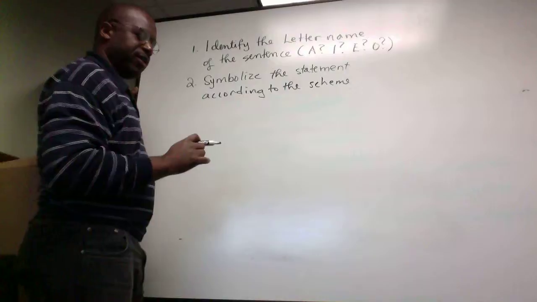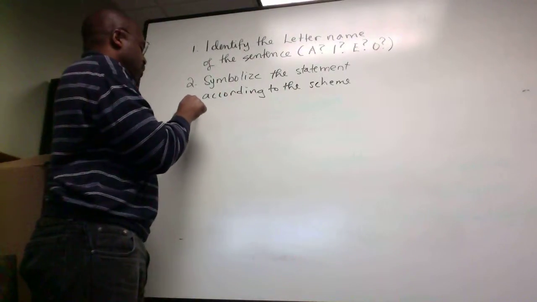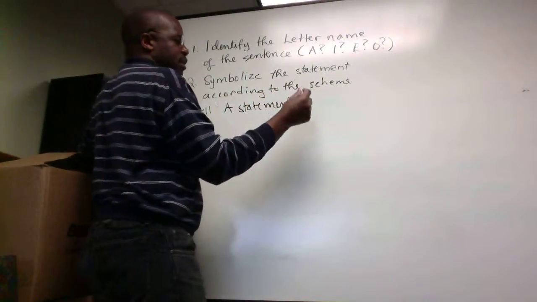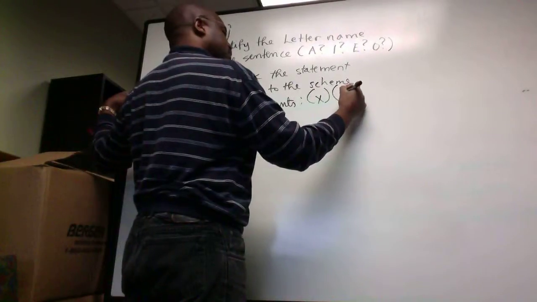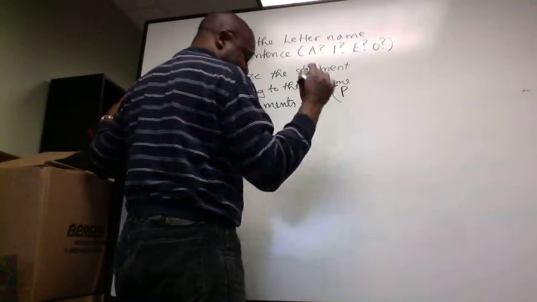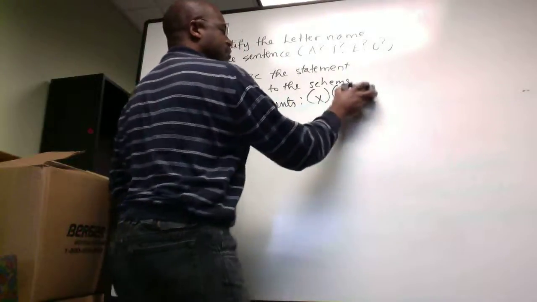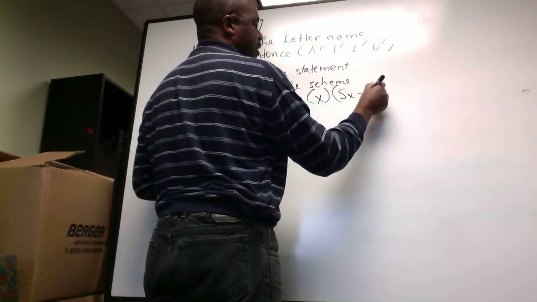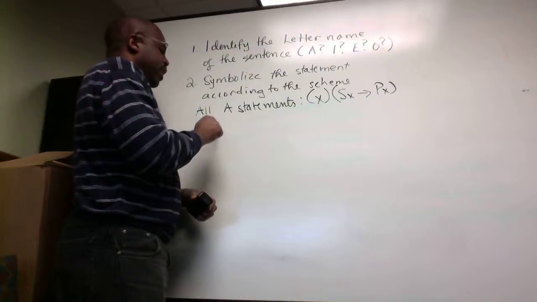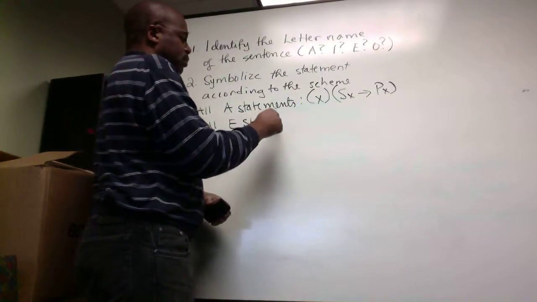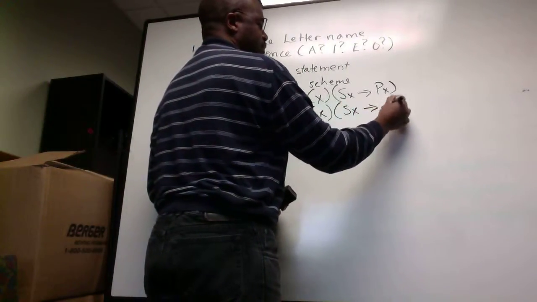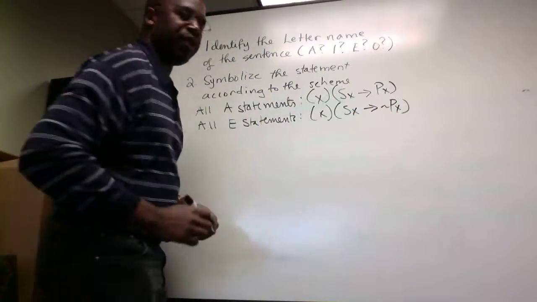All A statements are symbolized as follows: for all X, if X is S, where S stands for the subject term, then X is P. Now, all E statements are symbolized: for all X, if X is S, then X is not P. The negation normally comes at the very end.